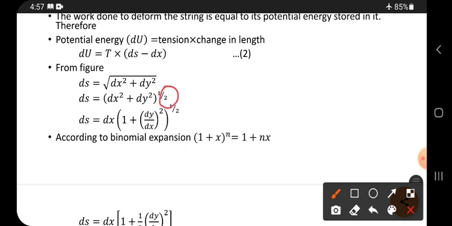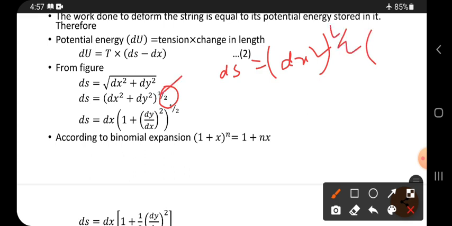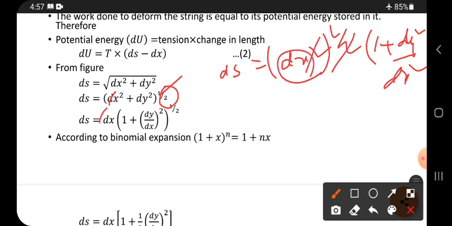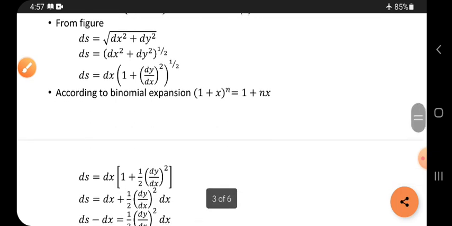See here, ds is equal to dx square, so I am taking dx square outside. For this also one by two comes. Why? Because one by two is common to dx square and dy square, and inside it is 1 plus dy square by dx square. Since dx square is taken outside, for the square root it cancels, so only dx will be present outside.